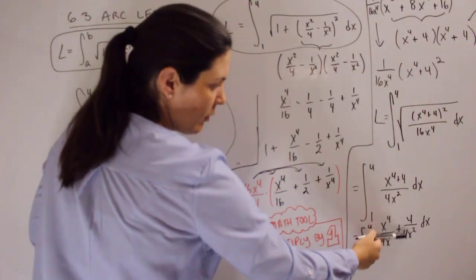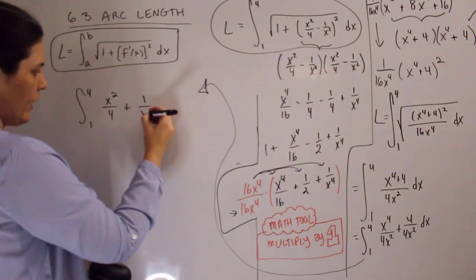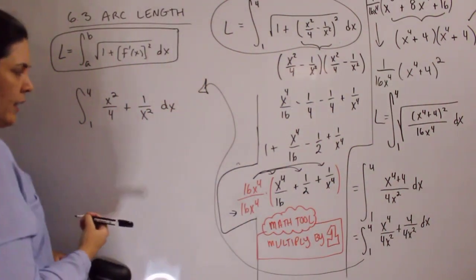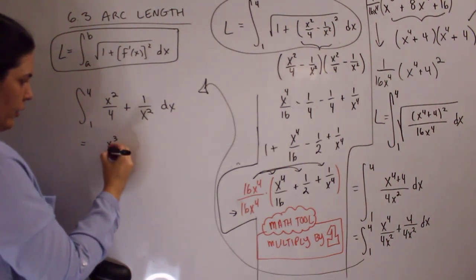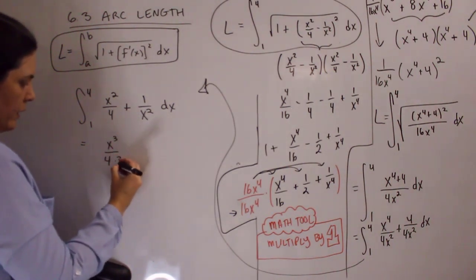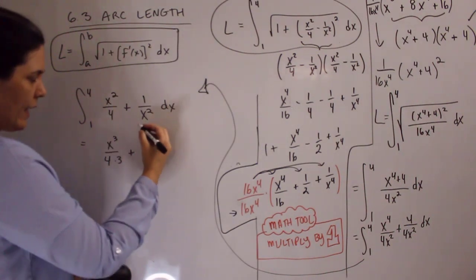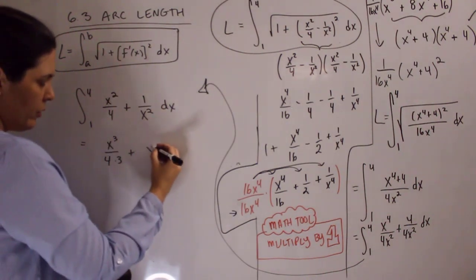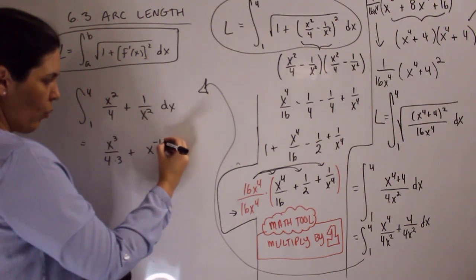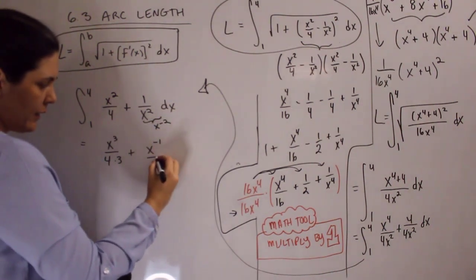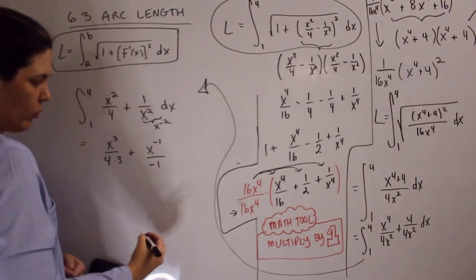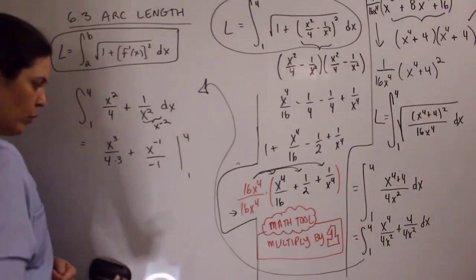And in the second term, the 4's divide out, so this is 1 over x squared dx. Power rule works here, so this is x to the 3rd over 4 times 3. Over here, this is x to the negative 2, so when I add 1, this becomes x to the negative 1 over negative 1. And we'll evaluate from 1 to 4.